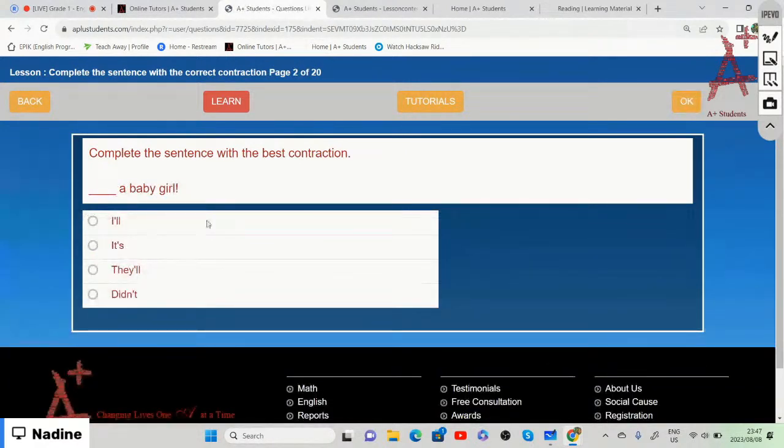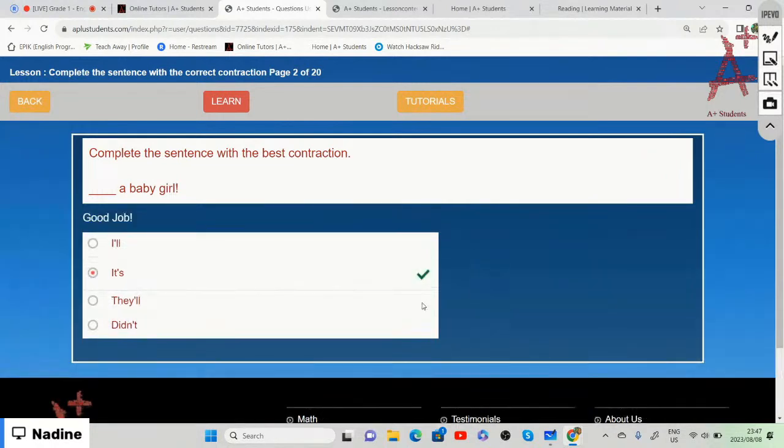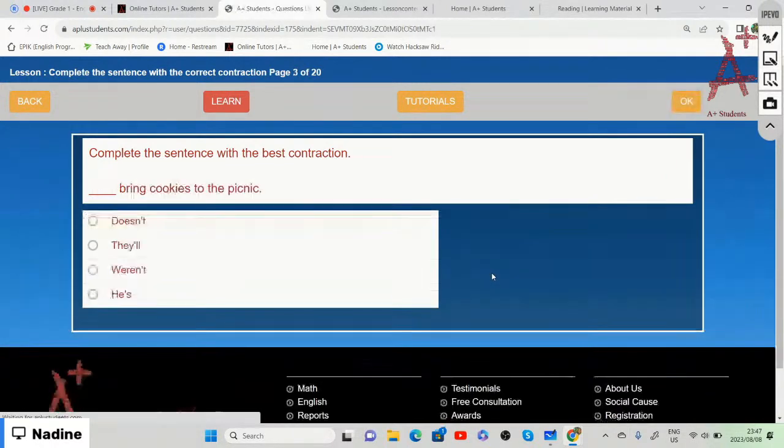A baby girl. So do we say I'll a baby girl? It's a baby girl for it is, or they'll for they will a baby girl, or didn't for did not a baby girl. So we can say it's a baby girl. Doesn't bring cookies to the picnic, does not.